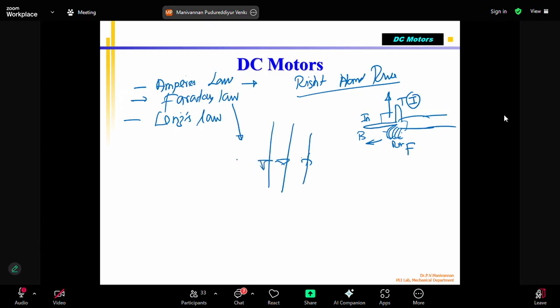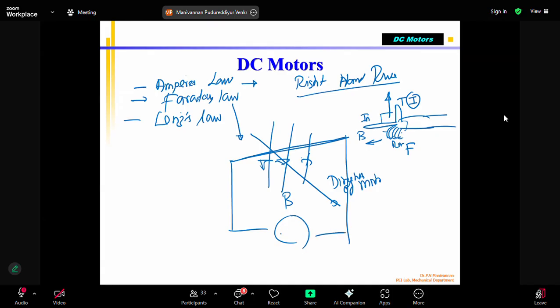Then I take a wire, and the wire is moved across this field. This is B, and this is the wire conductor. If it is moved perpendicular to the field, then a voltage will be induced in this wire. We call it EMF, electromotive force. The unit for that is volts.